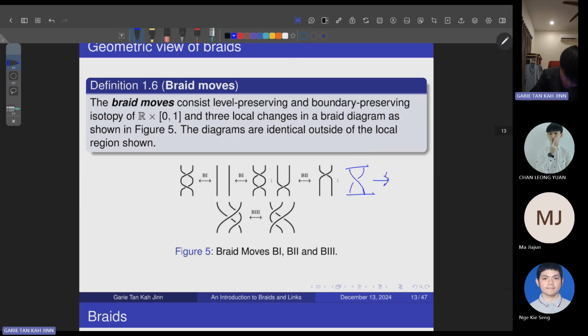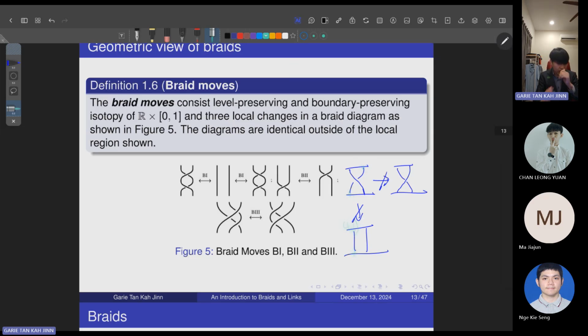I cannot map it into something like this because the overgoing and undergoing data already changed, so it's not level preserving. Also, I cannot map it into something like this because the first string ends here, but now it ends here, which is 1, 1. I changed the boundary, so it's not boundary preserving.